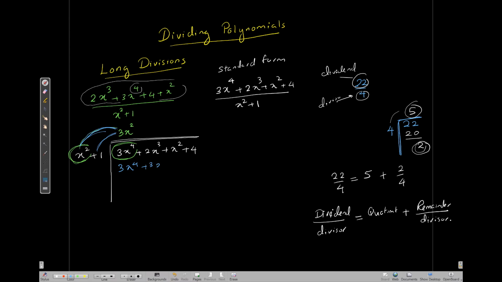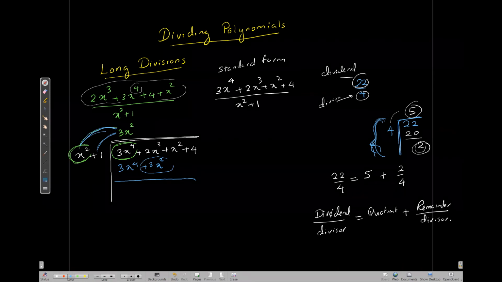The next step is going to be subtracting. I can write 3x squared here, but there is a nice way. Write down that x squared term underneath the same x squared term.